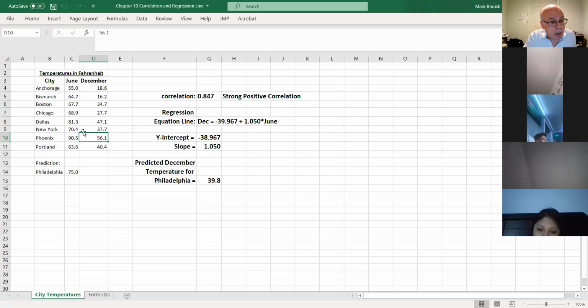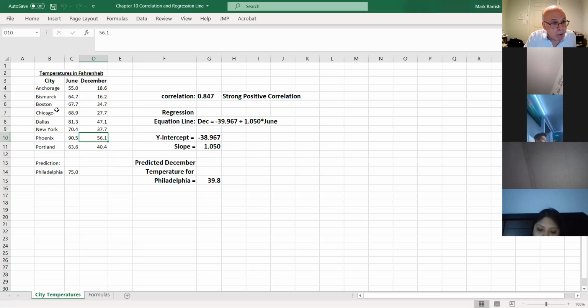All right, so what the data is here is there are 8 cities in the United States. One of them is in Alaska, that's Anchorage. The others are in mainland US.